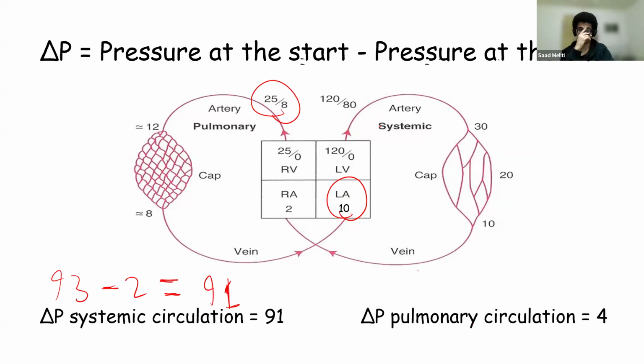Exactly. So what we did here is we took, this one might be a bit harder, or not harder, but the math. So you're going to take 8 plus 1/3 of 25 minus 8. I have no idea what that is, so I'm just going to do it on my phone right now. Calculator. 25 minus 8 divided by 3.